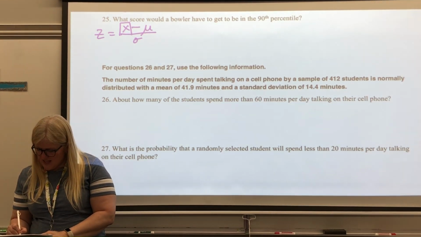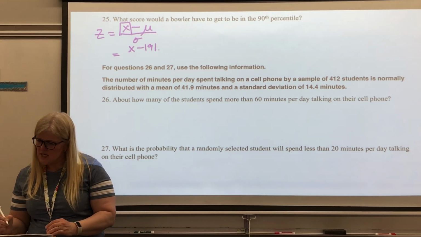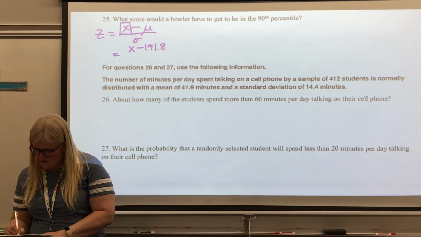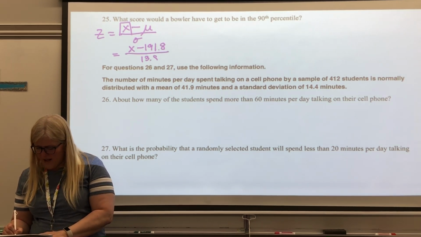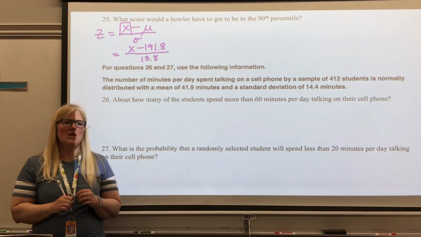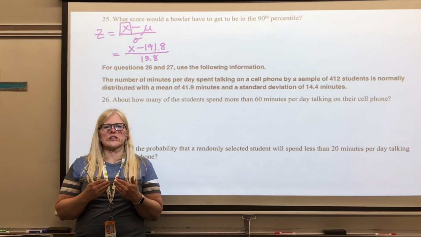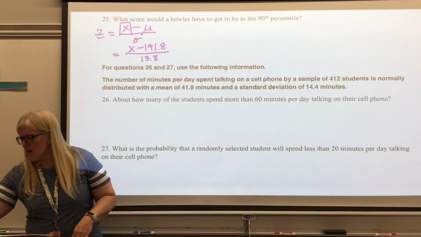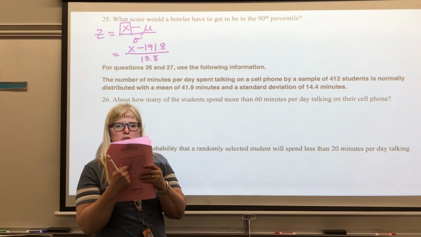So we can fill this out and say x minus 191.8, divided by 13.8. But what is z? Remember that z is your z-score from this table.